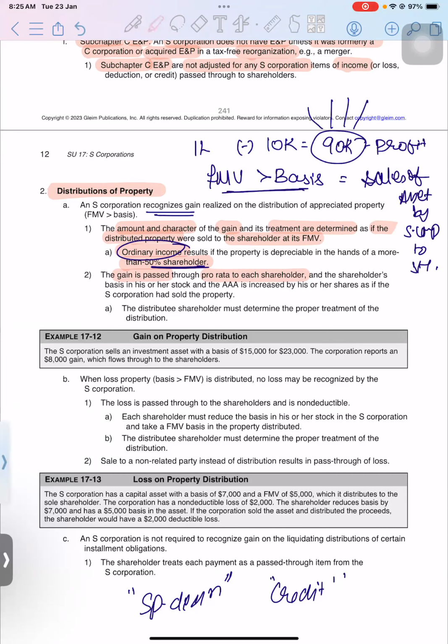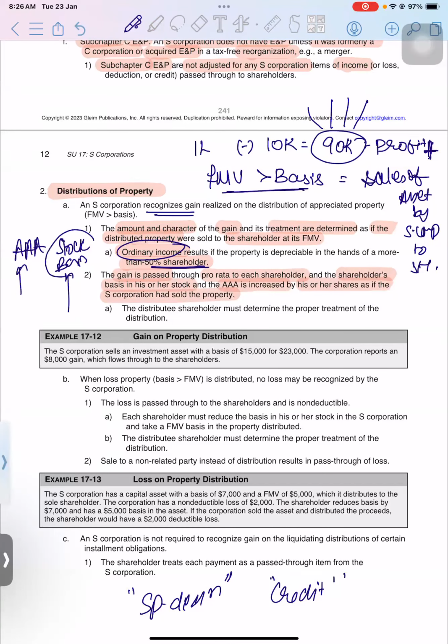Okay. And due to this distribution, due to this allocation, the shareholder's basis in his or her stock and AAA is increased by his or her share as if S Corp has sold the property. Since this is a gain, this will increase the basis. So your AAA balance will also increase and your stock basis will also increase. No effect is going to be done on OA account or accumulated E&P.